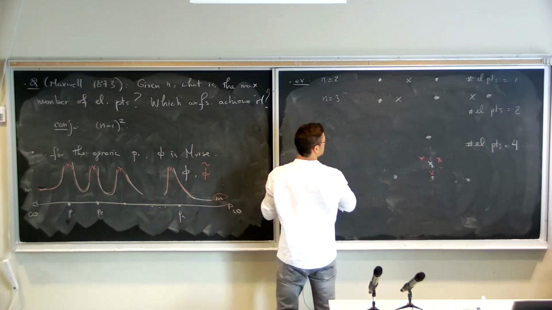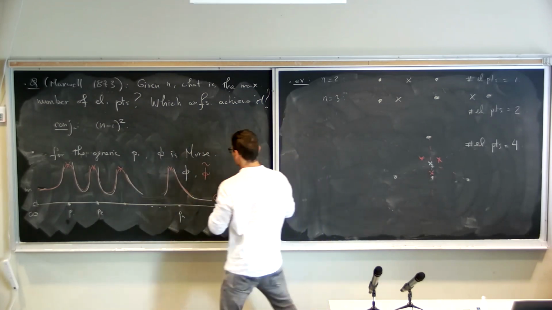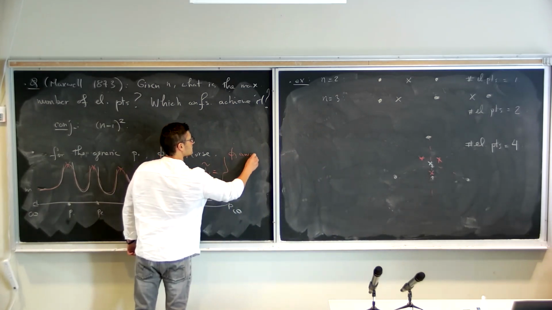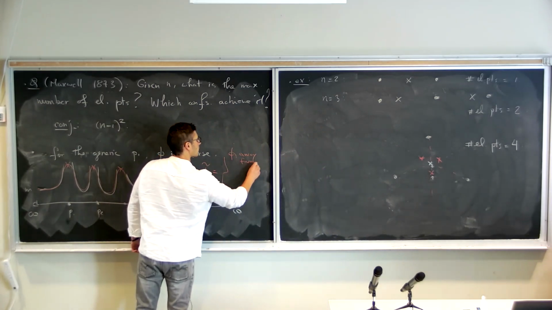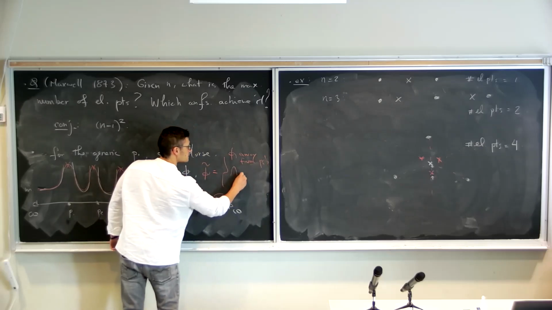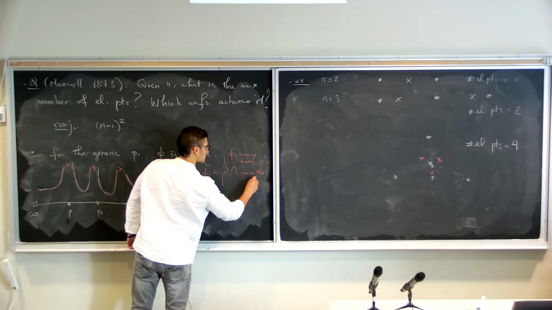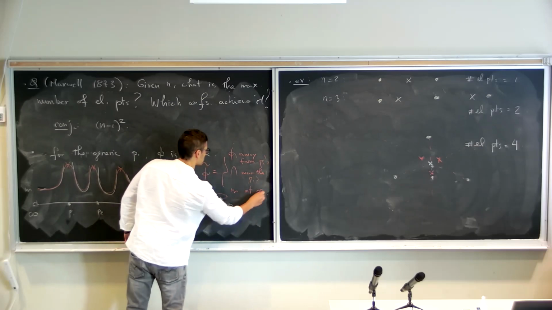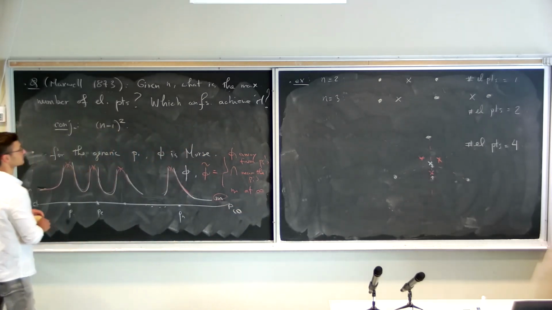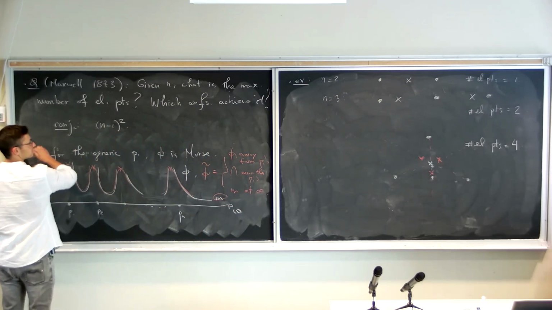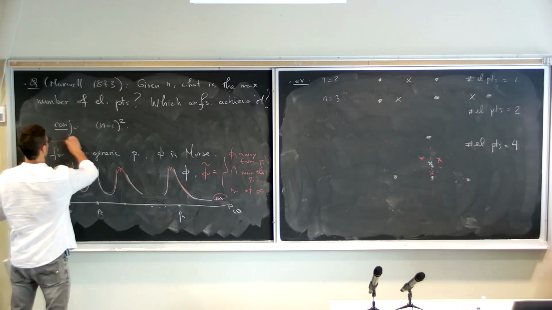So this phi tilde looks like phi away from the Pi's, looks like this thing near the Pi's, and looks like m at infinity. And it's a function on S3.